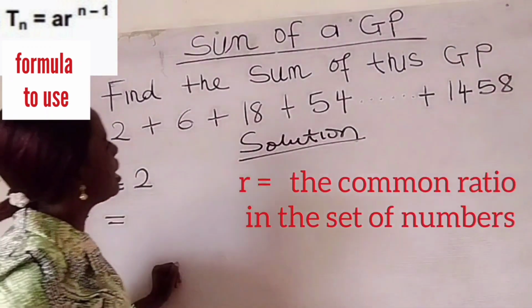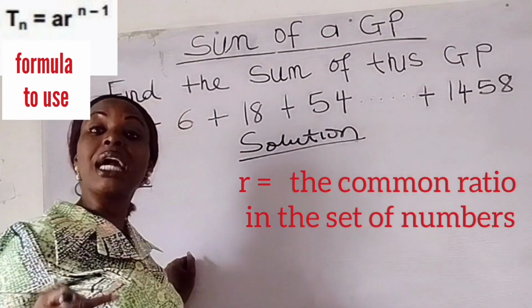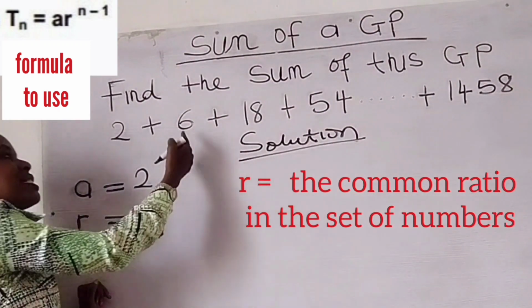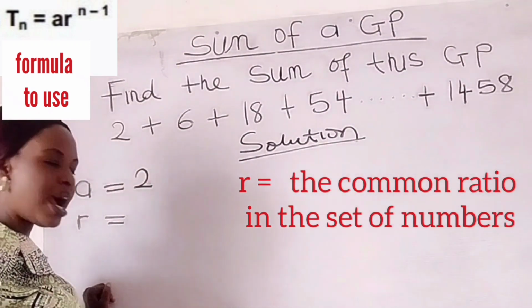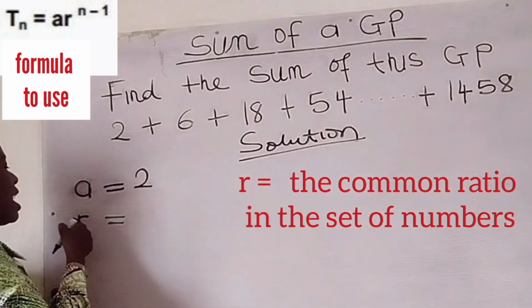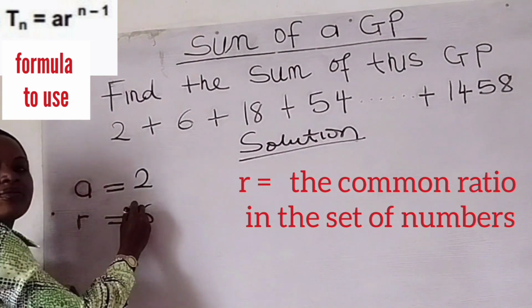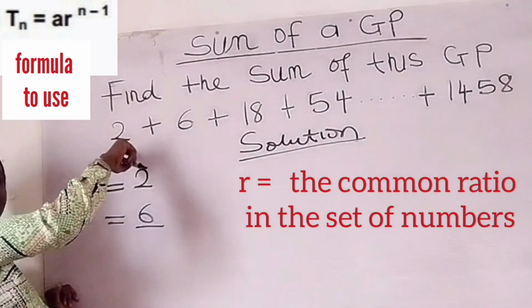Did they give us any R? No, they did not give us any R. But we can obtain our R. How do we do it? We simply say 6 divided by 2, and that is our R. So R is equal to 6 divided by the first term, which is 2.